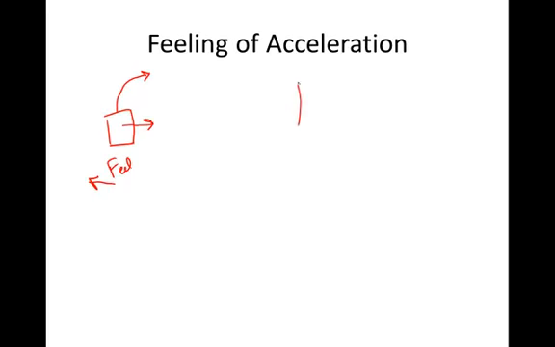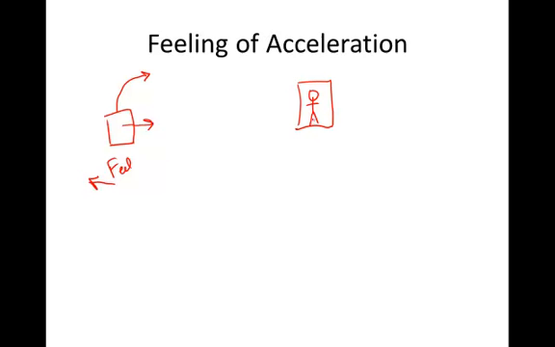Think of another example. Imagine that you are in an elevator, and that elevator suddenly starts to drop, like right at the start of the motion. What you feel is it feels like you become a little weightless, or you feel like you don't feel the force of the floor anymore.